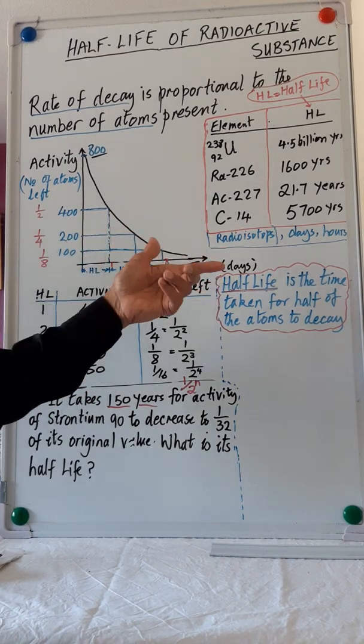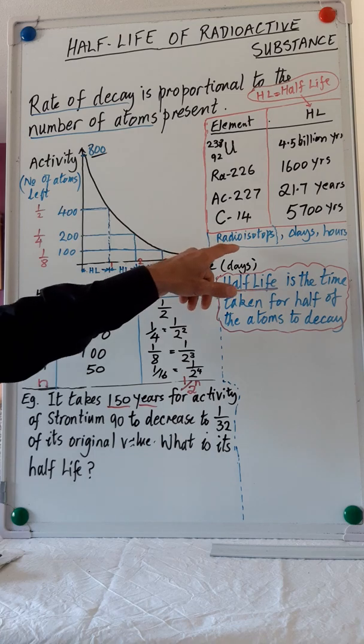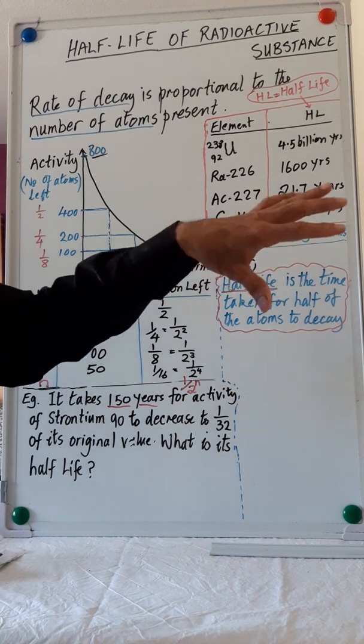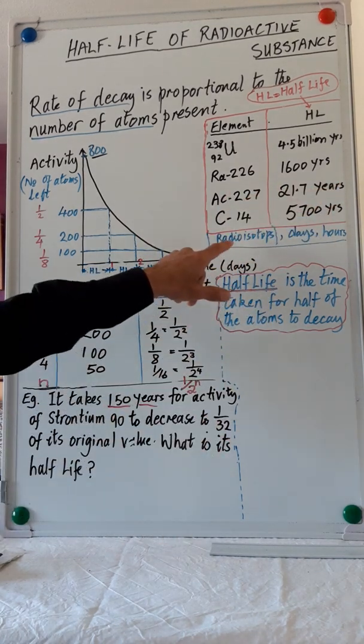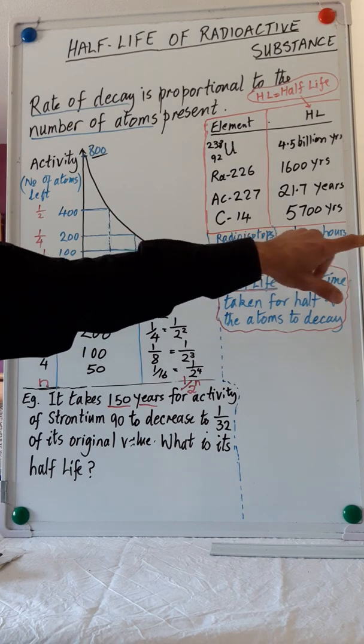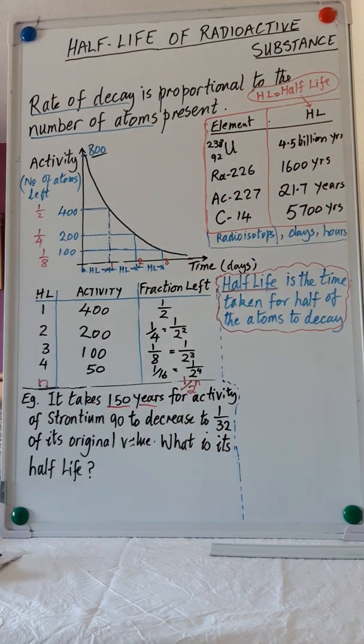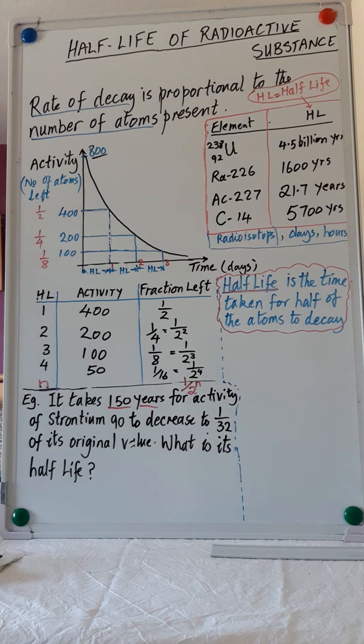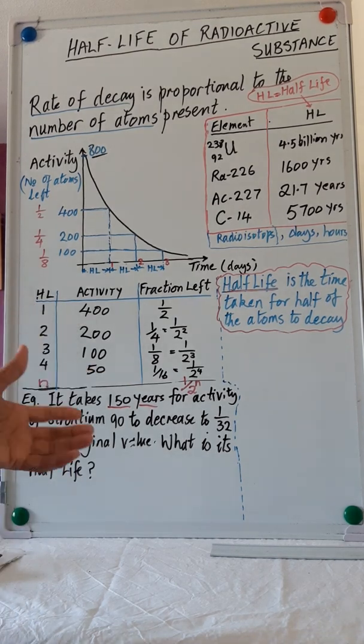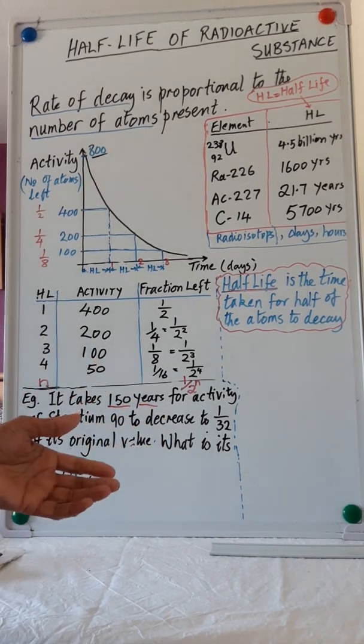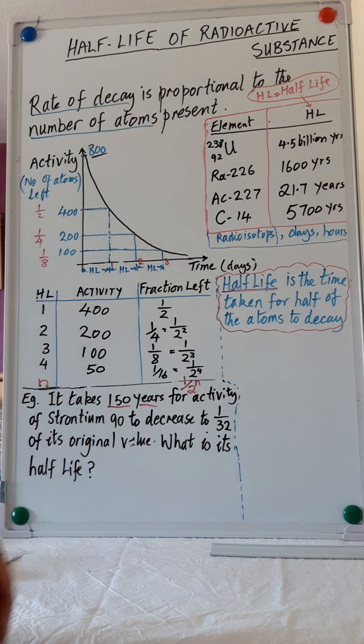For example, iodine-131 has a half-life of only a few hours. It could be a few days, a few hours. So the half-life can range from billions of years to only a few minutes or a few seconds.